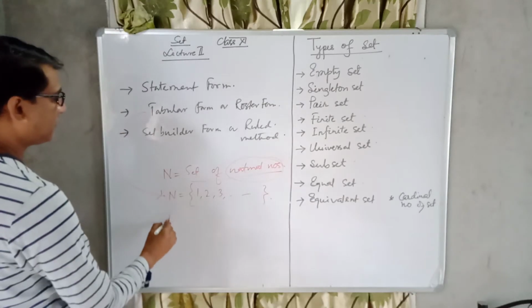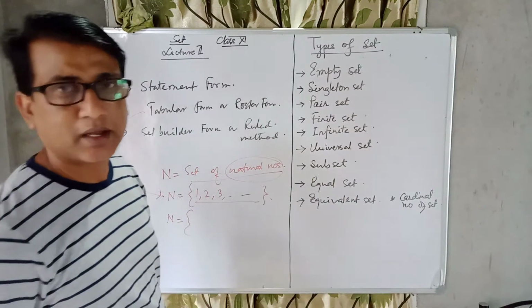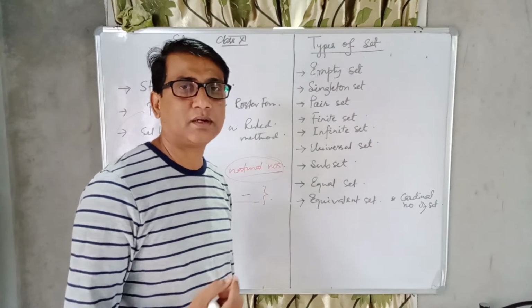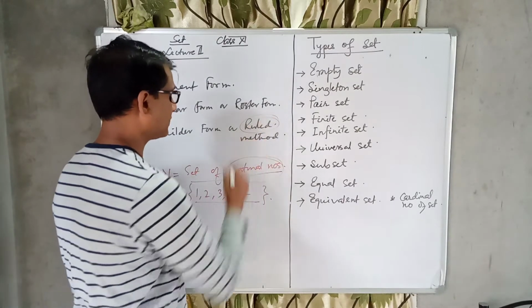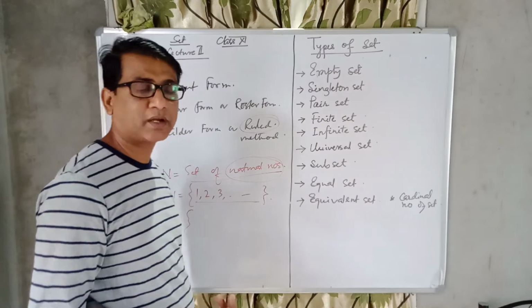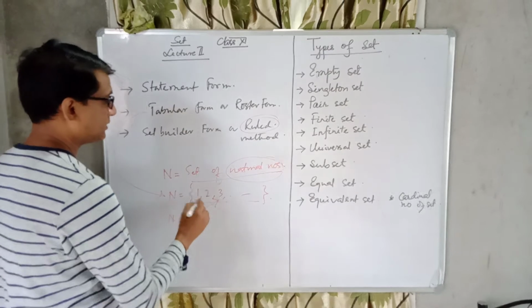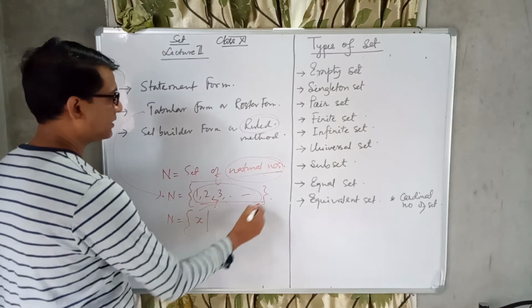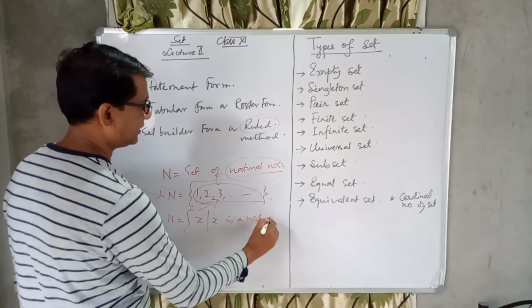And set builder form, how can we write? These elements will be represented by any small English alphabet, and we have to make a rule for that letter, which should be the character of these elements. If we take all these elements as x, x is a natural number.